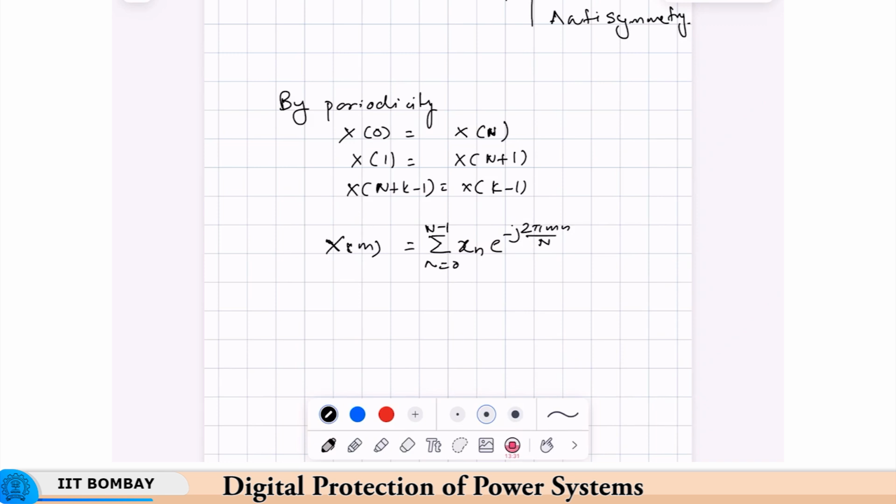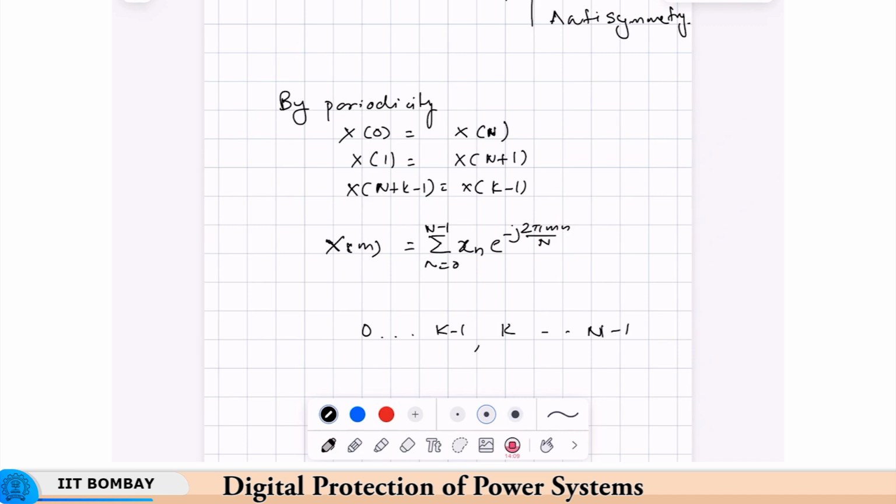So, now here what we will do is, we will split this summation as 0 to k minus 1, and then k to n minus 1.